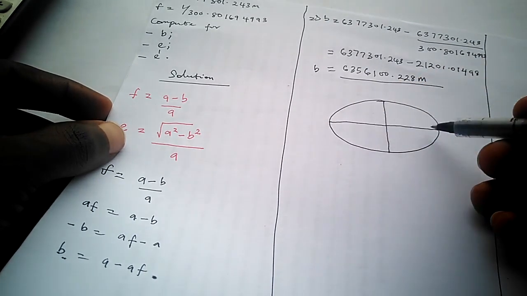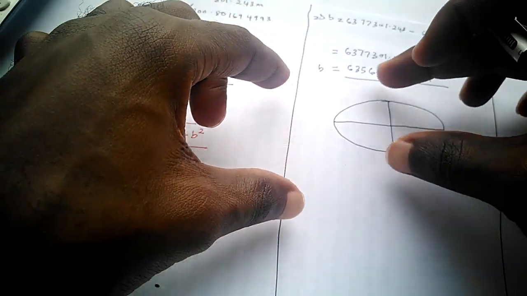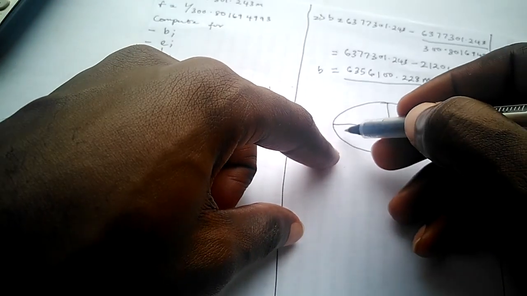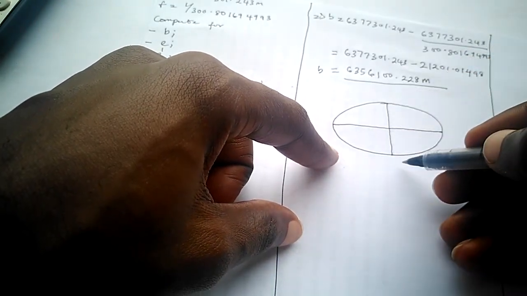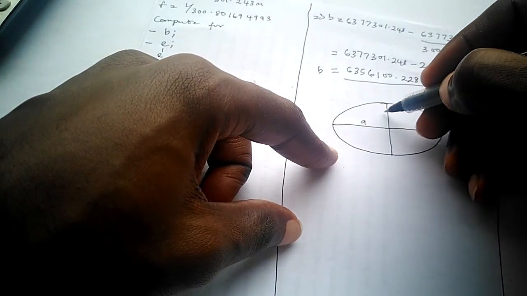This is the elongated part of the sphere, and this is the shortened, flattened part. So this diameter is longer than this diameter. Therefore, our semi-major axis will be here, and our semi-minor axis will be here.